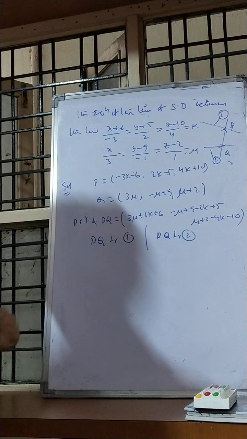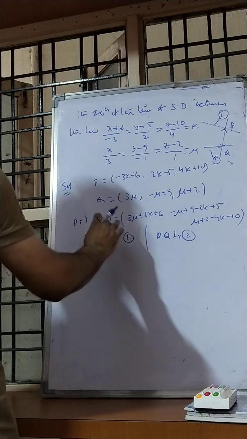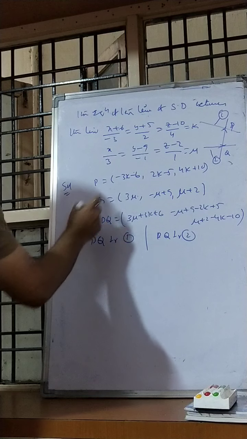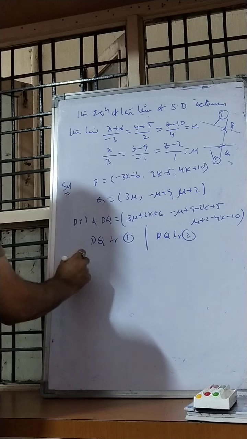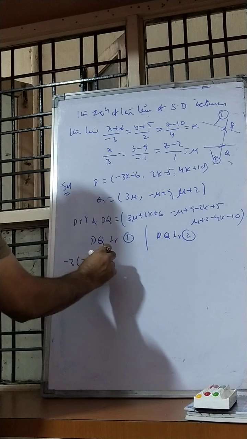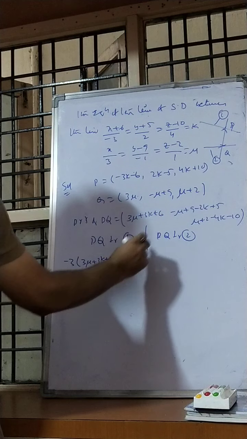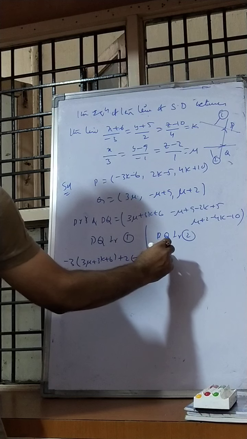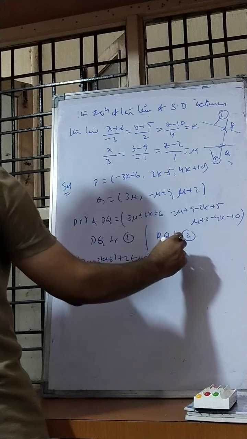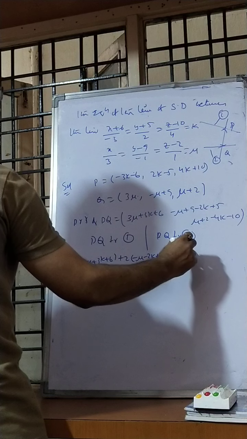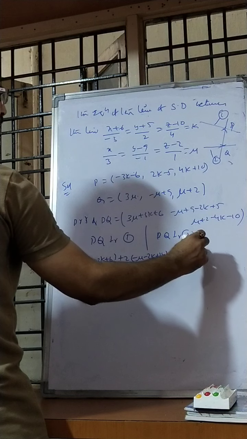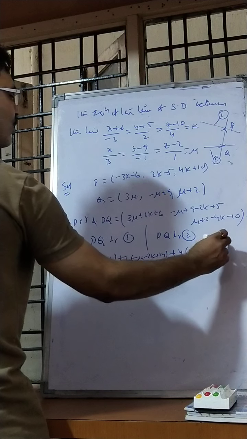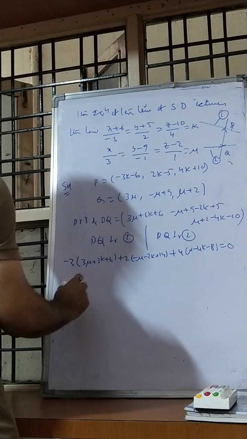That means you know very well what we have to write for 1: minus 3 into 3 mu plus 3k plus 6, plus 2 into minus mu minus 2k plus 14, plus 4 into mu minus 4k minus 8 equal to 0. One equation, you got it.